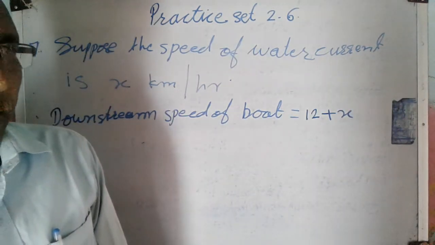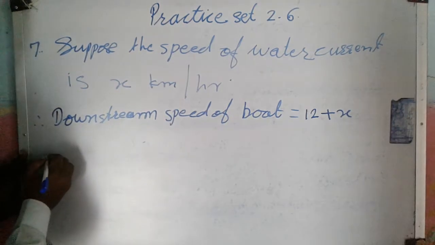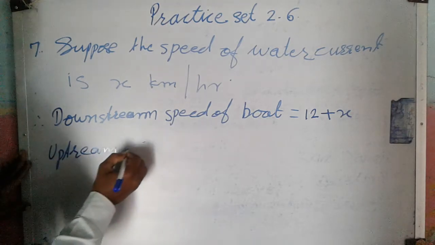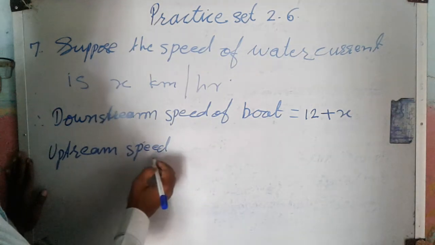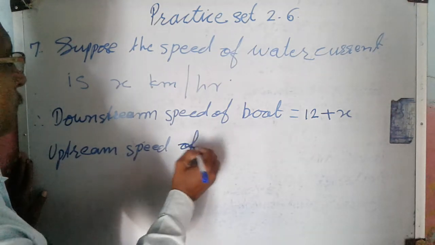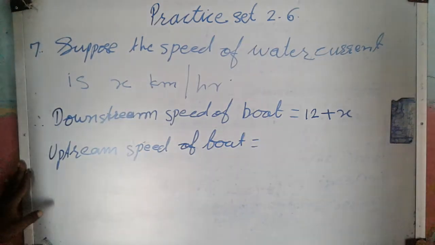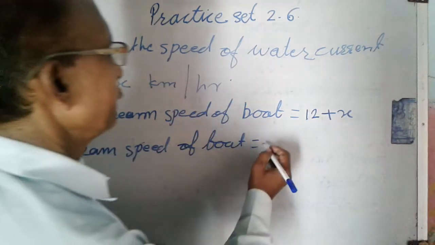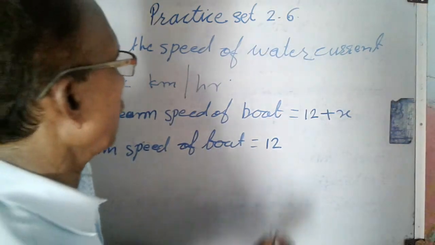Now the boat travels upstream the same distance. Therefore the upstream speed of the boat is equal to speed of boat minus speed of water current.